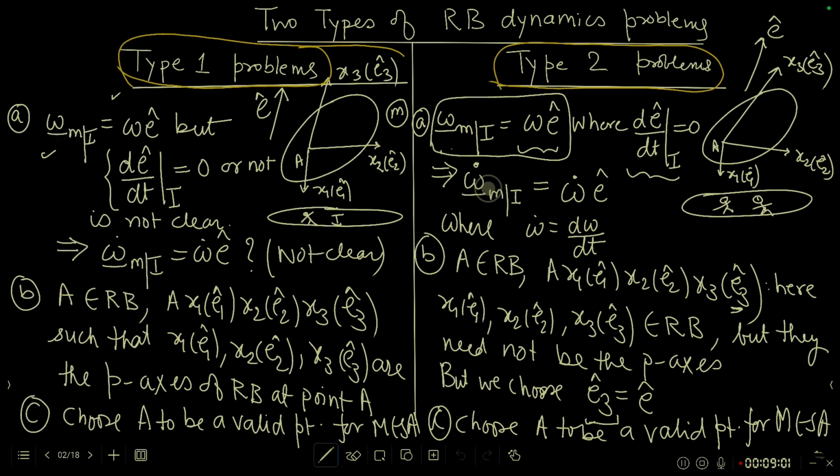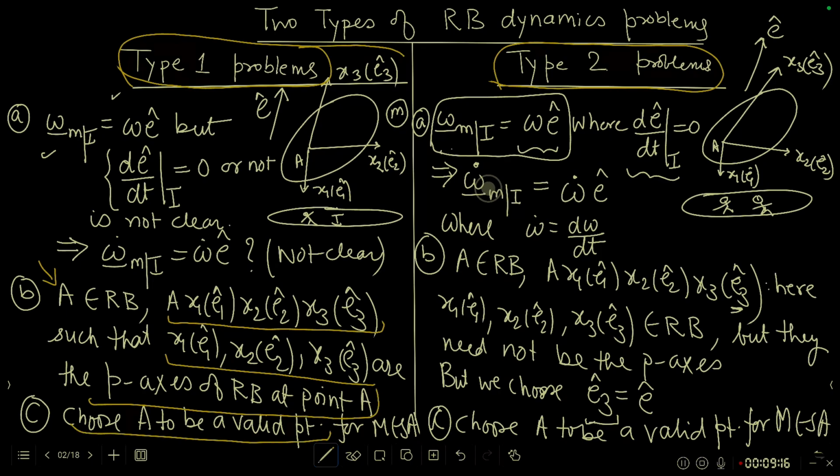A must be part of the RB. You should choose the working coordinate system such that these three axes are the principal axes of RB at point A. Choose A to be a valid point for MESA version 1. These are my suggestions for type 1 problems.